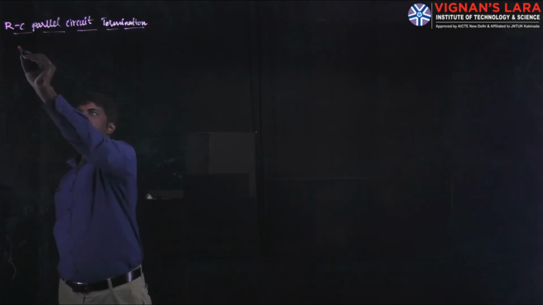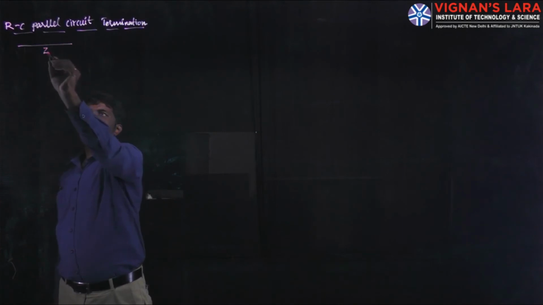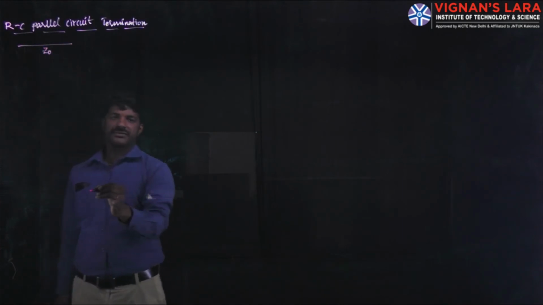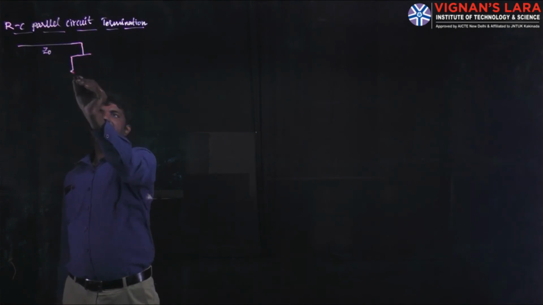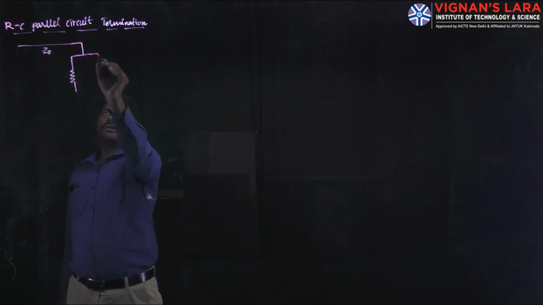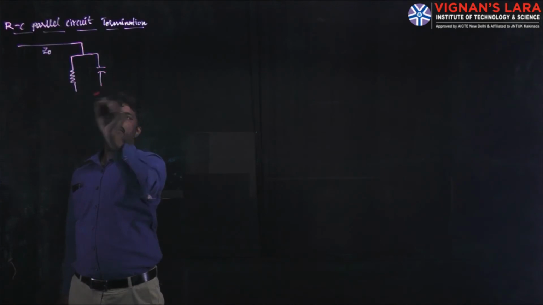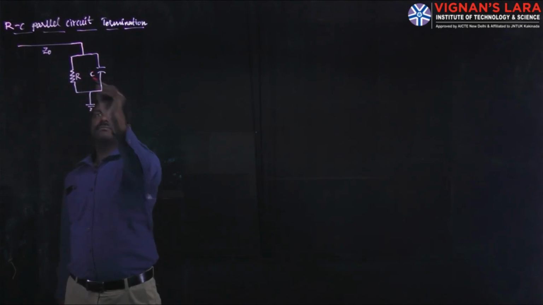So we assume that it's a transmission line with a characteristic impedance of Z0 terminated with a resistor followed by a capacitor. Both of them are assumed to be connected in parallel with the R and C. The currents as I1, I2.